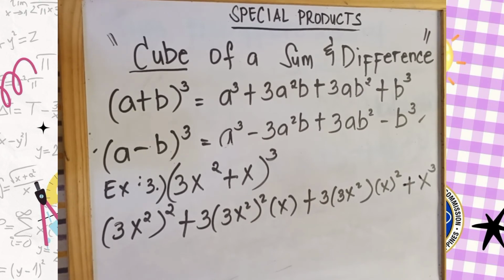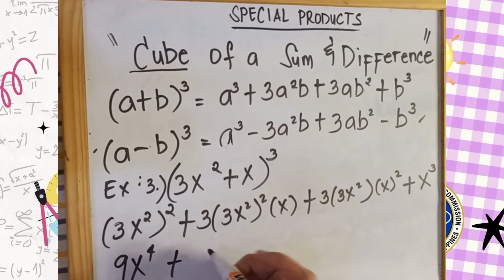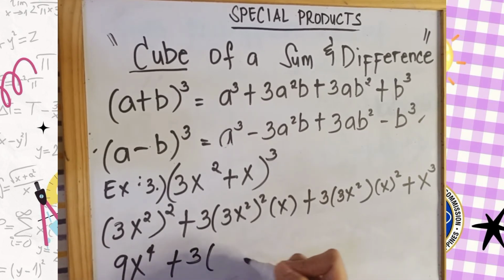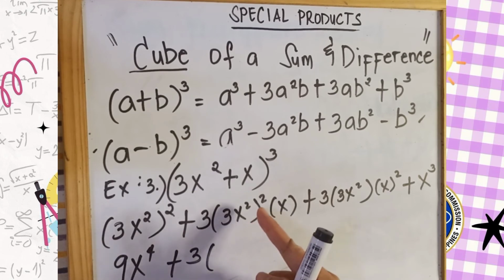Let's now simplify our answer. So, 3x squared cubed. So, 3 times 3, that is 9x to the 4th. So, exponent niya, 2 times 2 is 4. Plus, okay, so simplify muna natin siya. 3 times, ano yung 3x squared?